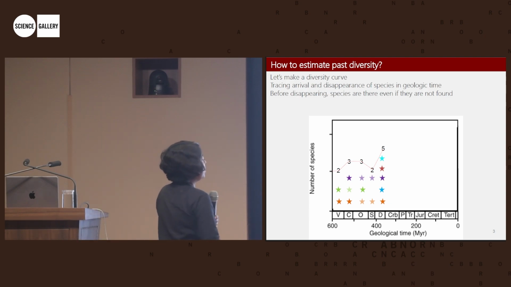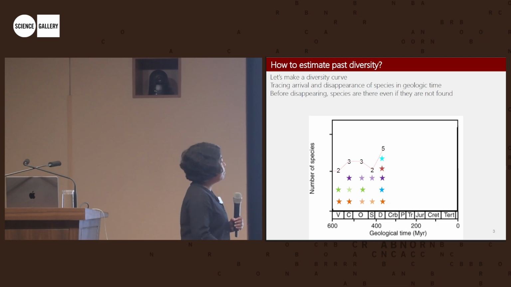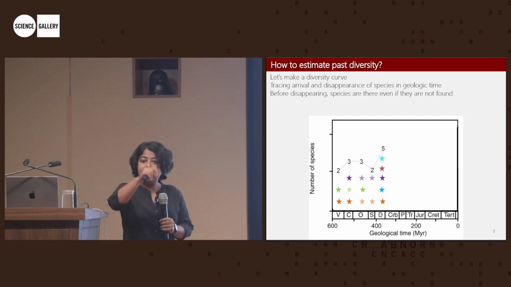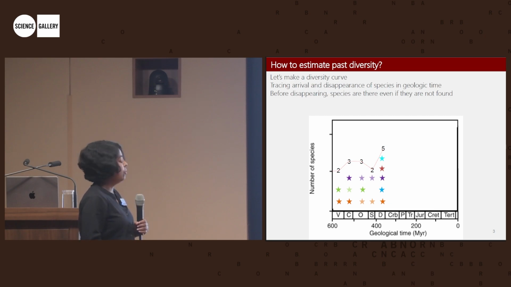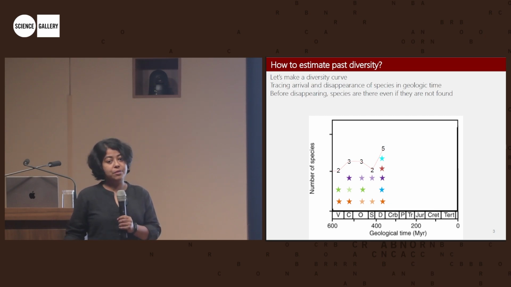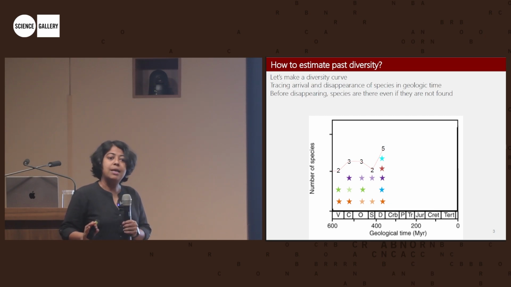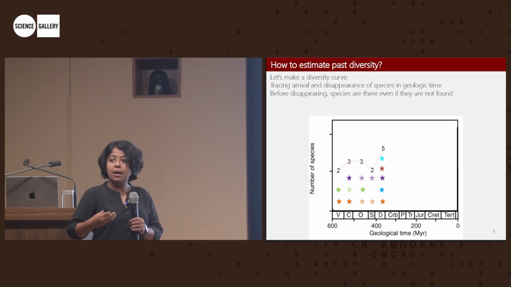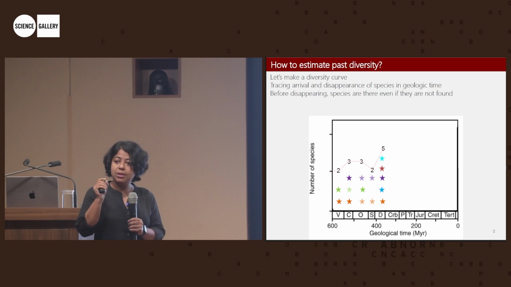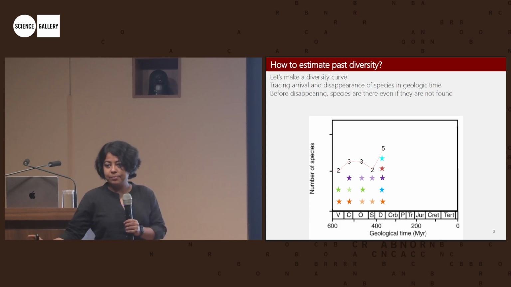Then in O it's 3 again. So we can keep on doing this and then add these specific points and then connect them. Voila, you get a diversity curve. So what this diversity curve tells you is exactly what is the number of species at a particular time interval and how it changes over time.